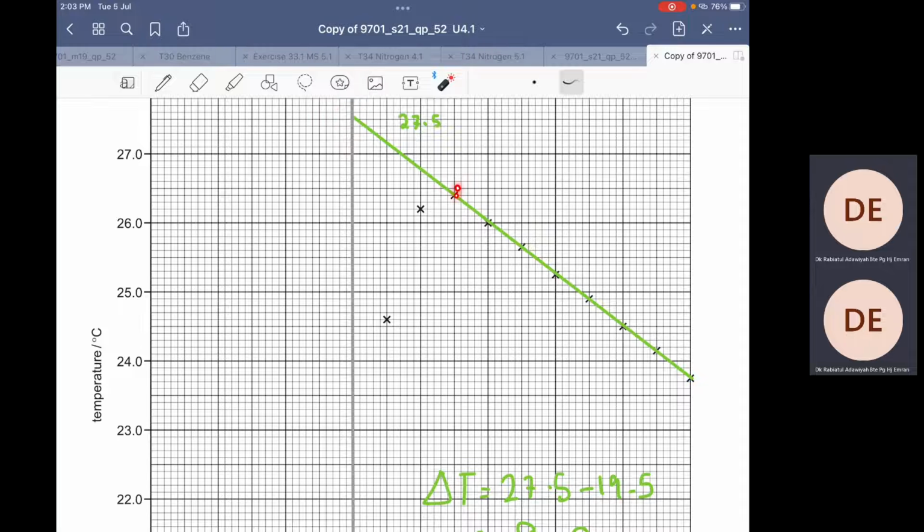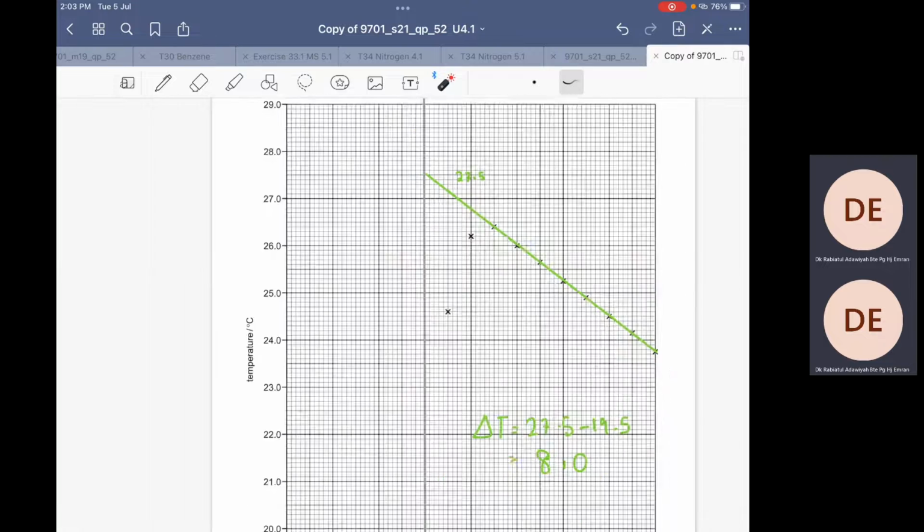Okay, so there's a difference, right? There's a difference in actual highest temperature and extrapolated highest temperature. This is to allow or to compensate for any possible heat loss. So extrapolation is saying, no, actually, if we didn't have heat loss, our highest temperature would have been 27.5. Okay?